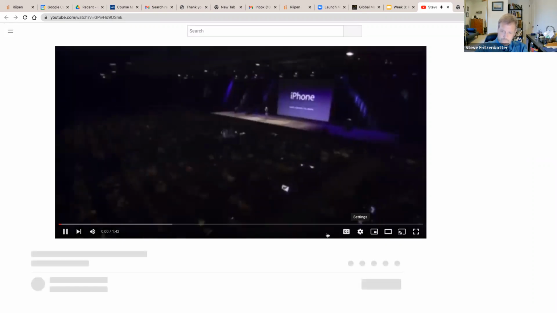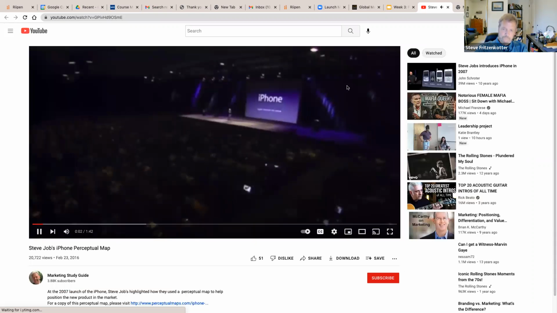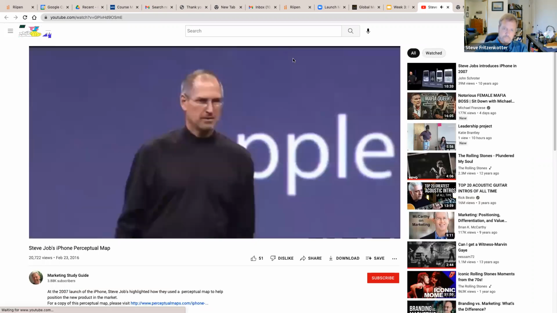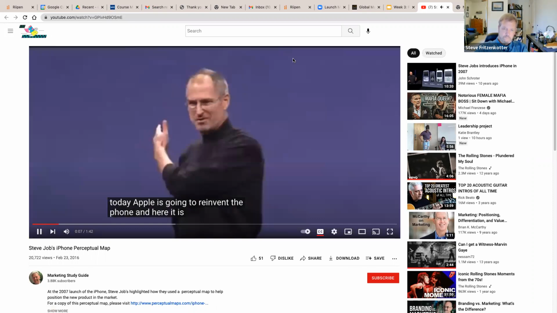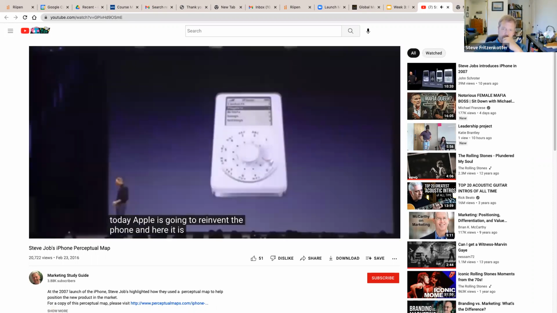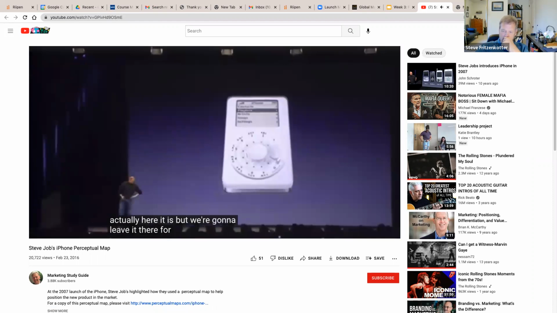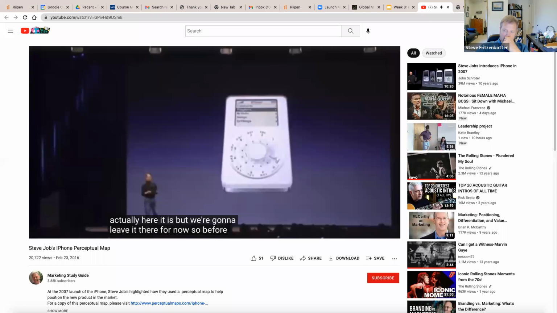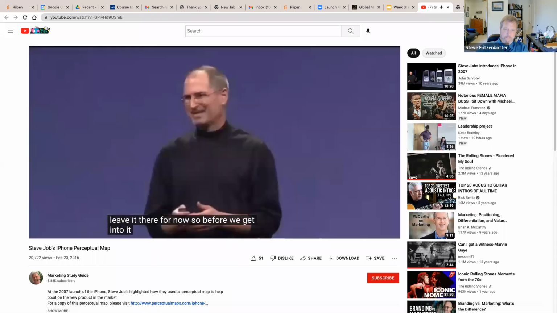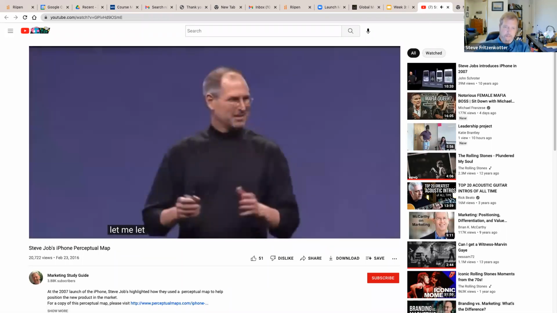Today, Apple is going to reinvent the phone. And here it is. Actually, here it is, but we're going to leave it there for now. So, before we get into it, let me talk about a category of things.